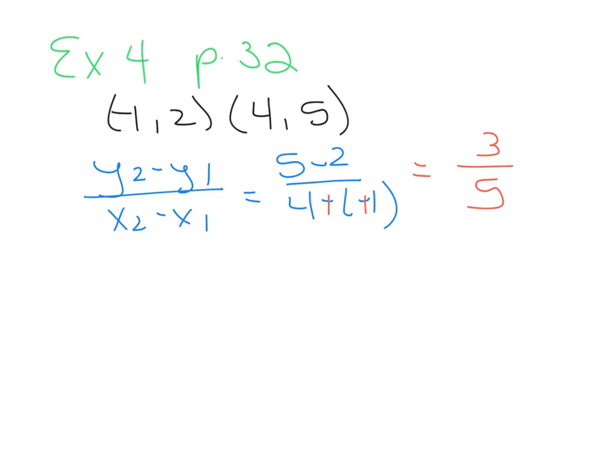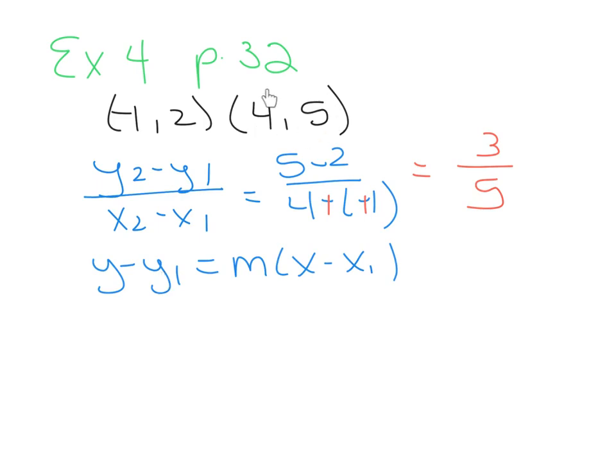Now, when we get ready to use our point slope formula, which is y minus y1 equals m times x minus x1, you're going to use this 3/5 for slope, but you can use either one of these points for x1 and y1.